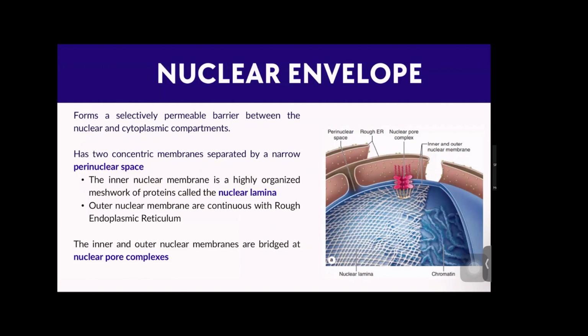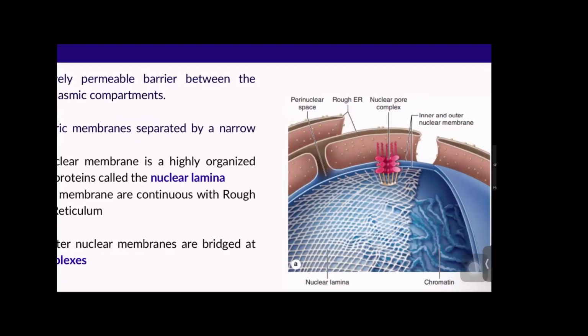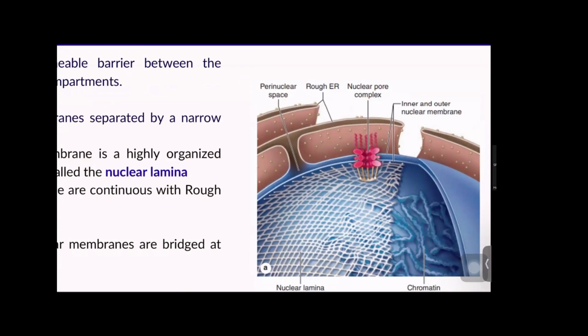These two membranes separate our nucleus from our cytoplasm. These two concentric membranes are separated by a narrow perinuclear space, as you can see here in our illustration.